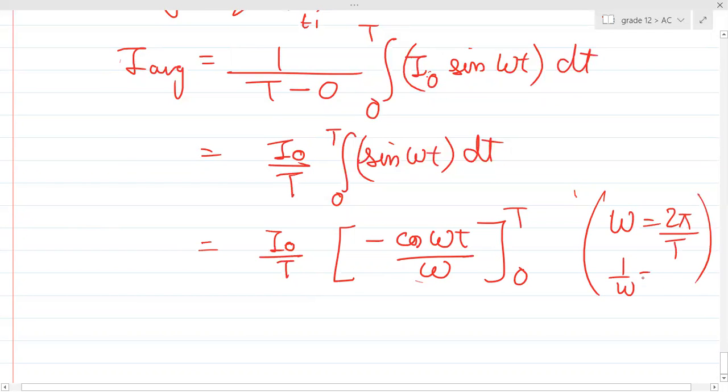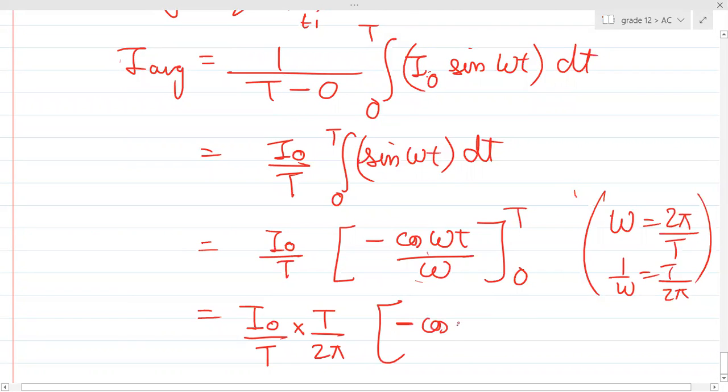So 1 upon omega is T upon 2 pi. So I naught by T into T by 2 pi, and here I'll have minus of cos of omega into T minus of, why am I using the minus twice?